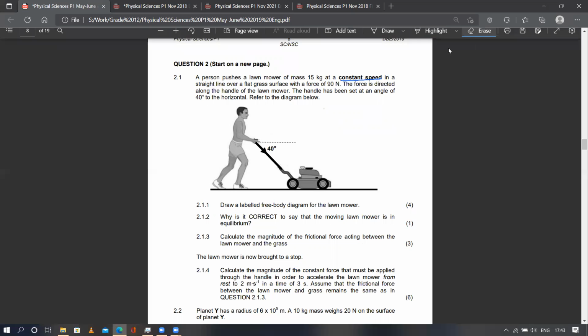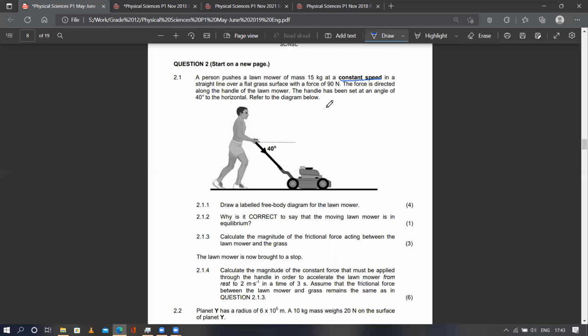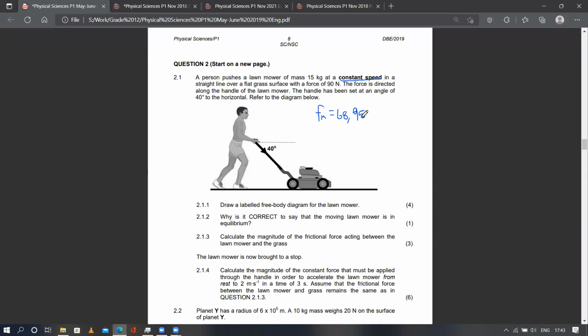Our frictional force is going to be 68.95. So they say assume that the frictional force is going to remain the same. So now we have our acceleration, we have our frictional force.